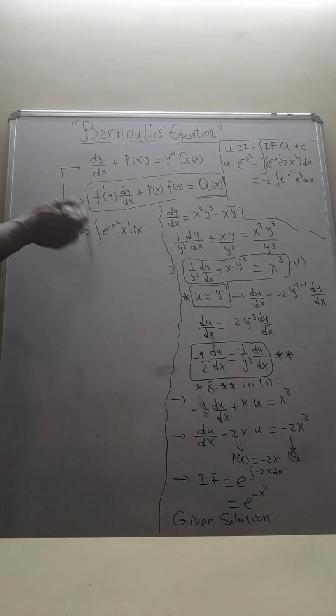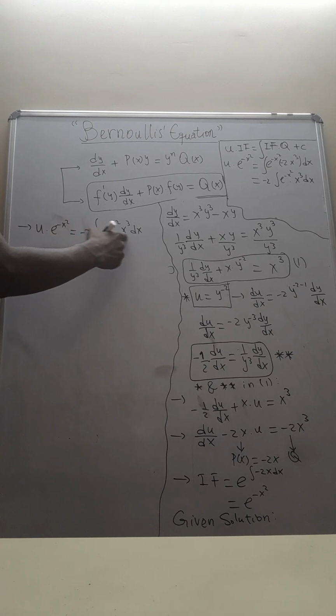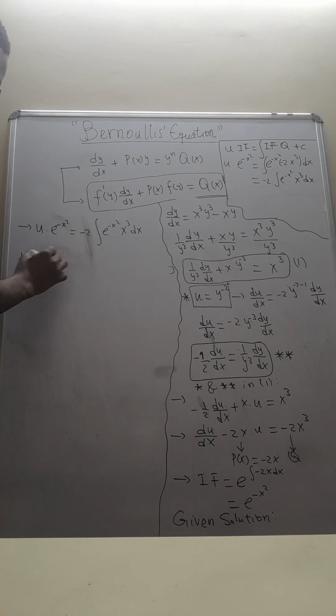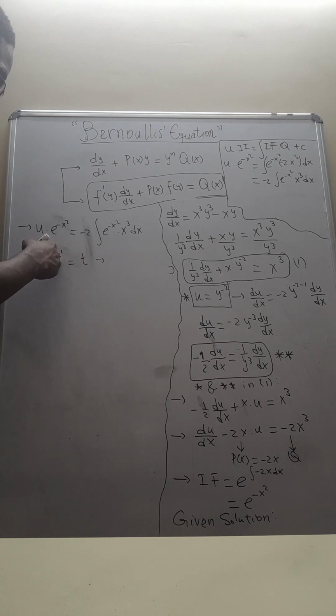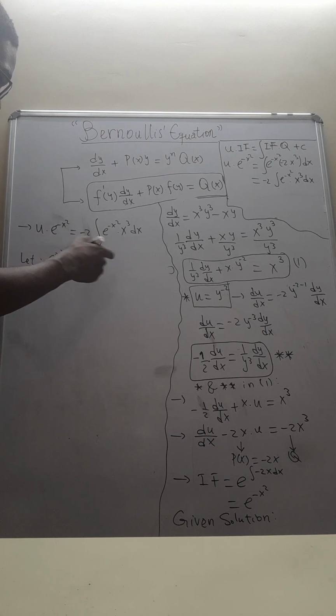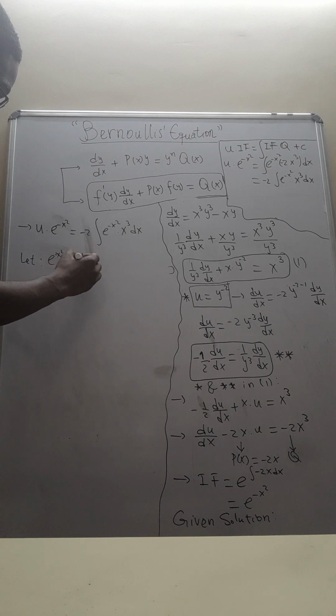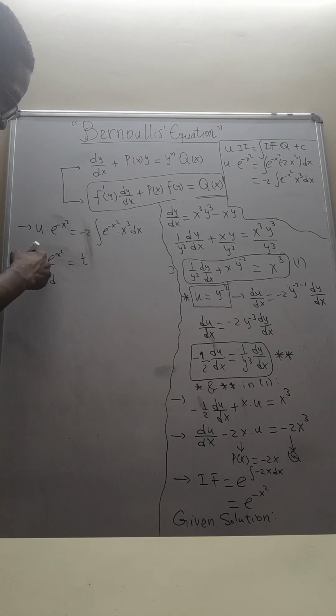So let us solve. I can do this operation: let Euler raised to minus x squared be equal to t. Just do this substitution. Then find what x squared is. But let us just solve first. Then find the derivative of this.